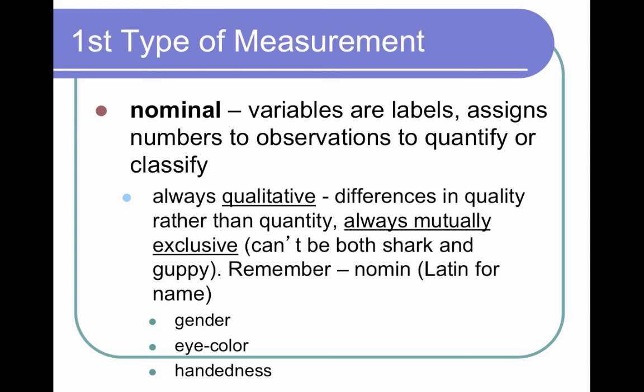Now, as social scientists, we know that sometimes people will assign themselves something in another category of gender, but for the purposes of argument, let's just say gender, male or female.